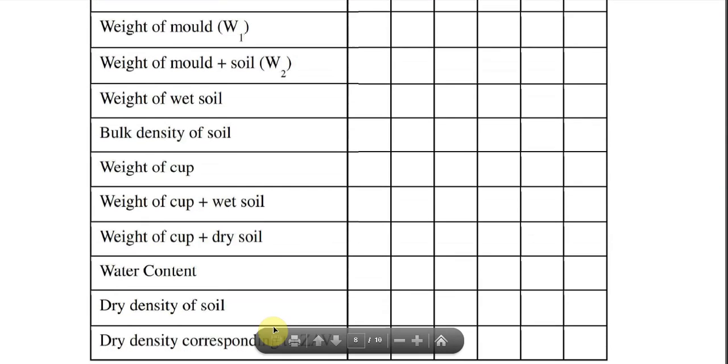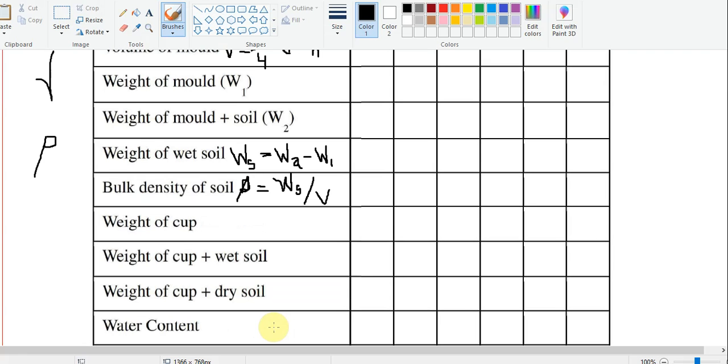Dry density is given by, we have this formula. Dry density is equal to bulk density divided by 1 plus W. So bulk density we have calculated here, and water content we are calculating using oven drying. So this is in terms of unit weight, but here I have density.